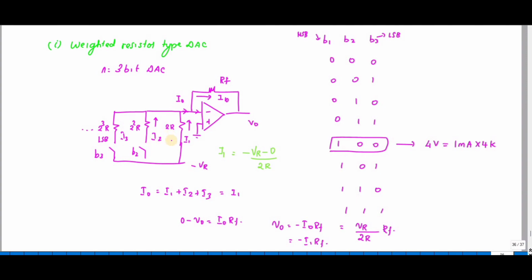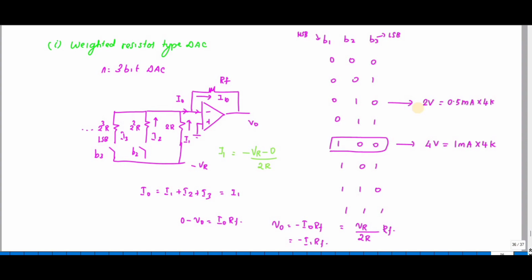So suppose instead of this, I1 is equal to 1 and the rest are 0, 0. If I take I2 equal to 1 and I1 and I0 are 0, then instead of 2R there should be 4R. Then this current must be 0.5 milliamps into 4K, so this value should be 2 volt.